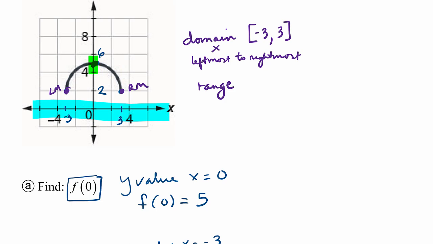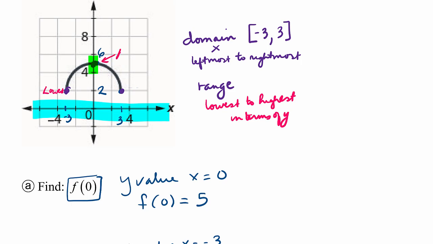Then what's the range? Now we're going to look at the lowest point to the highest point, and describe it in terms of y. The lowest point is, there's two of them, aren't there? It's these two endpoints. And our highest point is the y-intercept.